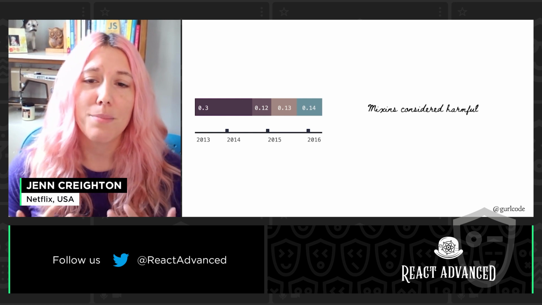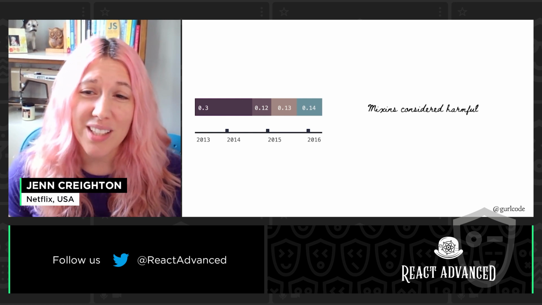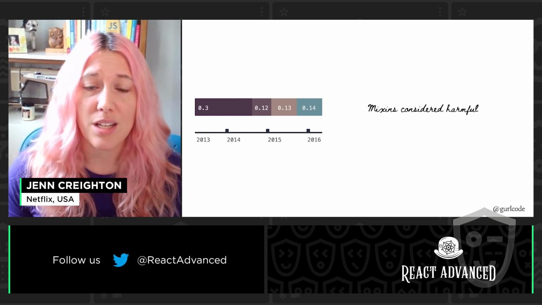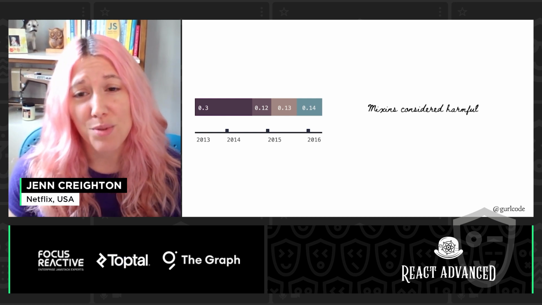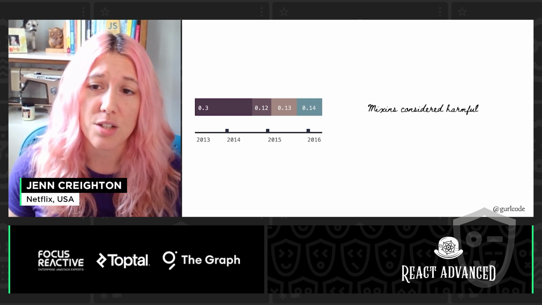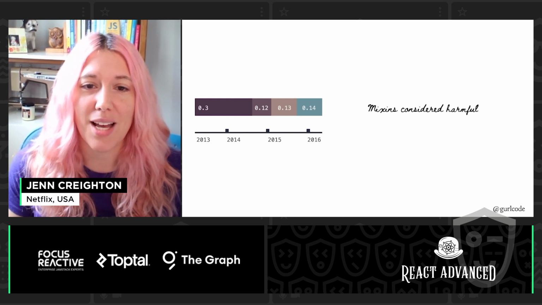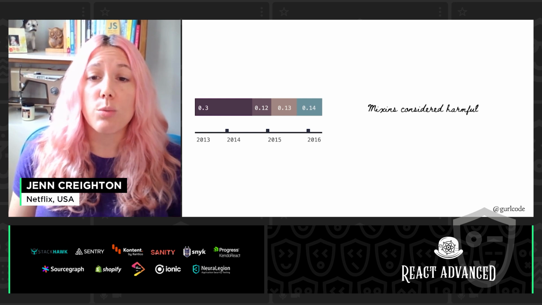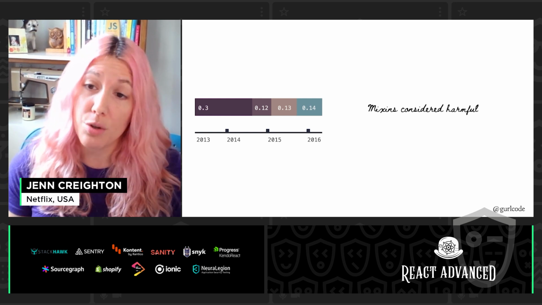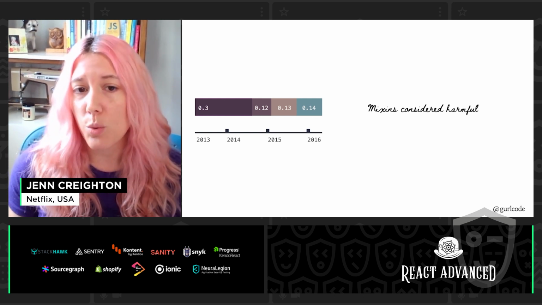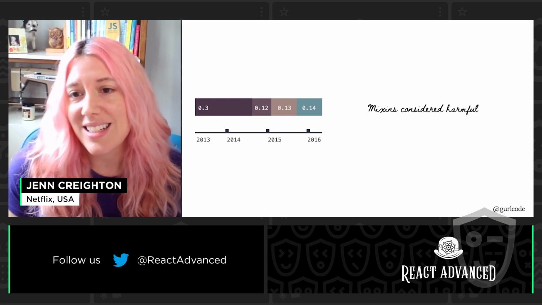Look, mixins weren't a great solution to begin with. They suffer from problems with indirection, maintenance, and most importantly, breaking composition. Composition is a core React concept. Now, this blog post is still around if you want to read it, but the too long don't read is mixins weren't meant for this. They were meant as an escape hatch.